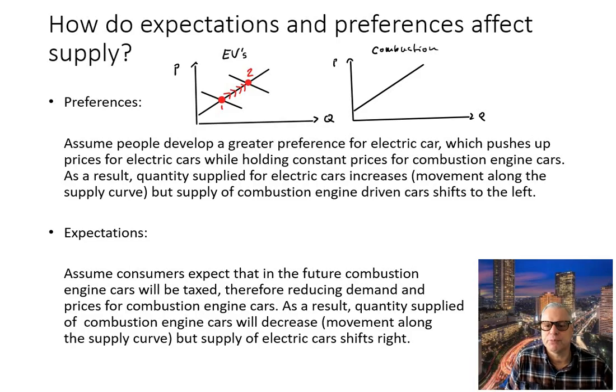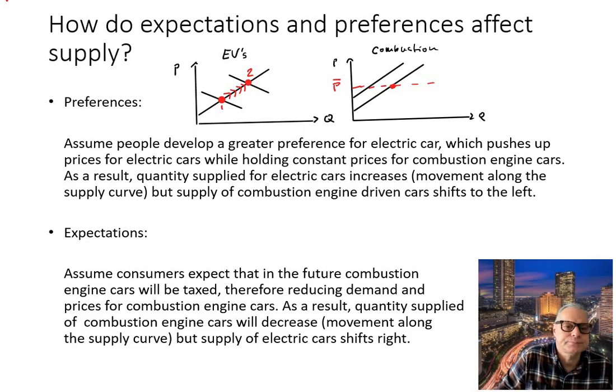So no matter what the price for combustion engines is, let's say the price is P bar, and this is our price for combustion engines, then because we use up more of our given resources, and we have the same resources to produce EVs at any given price, we will now produce less combustion engine vehicles.